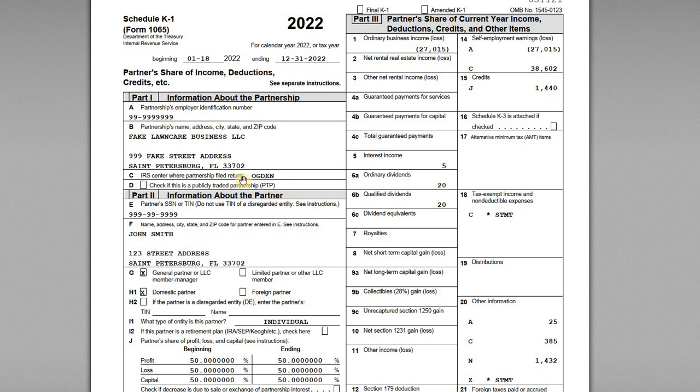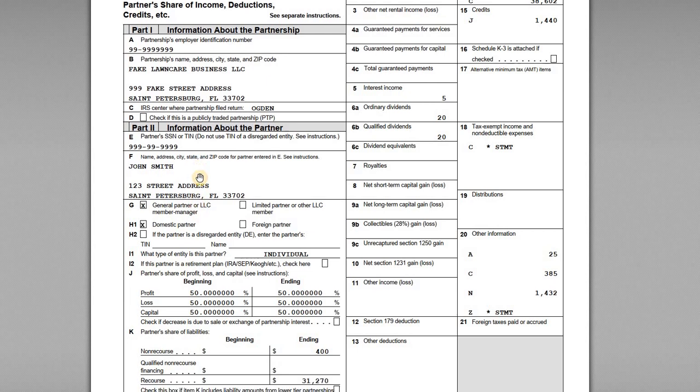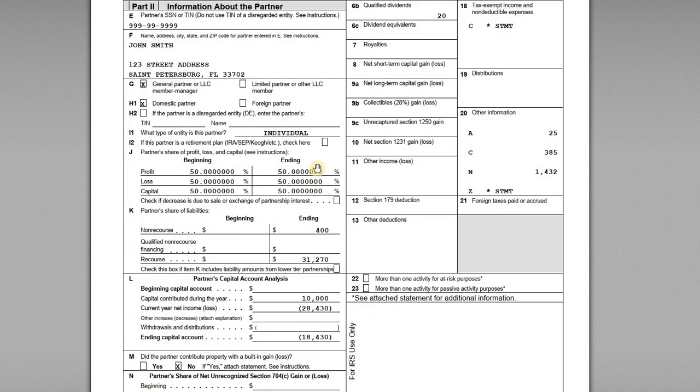So some basic stuff on John: the K-1 has the partnership EIN, name and address, and then his information in Part 2, his Social Security number, name and address. He's an LLC member manager. He's a domestic partner. That's all fine. Beginning and ending ownership percentages, just 50%. His entity type is individual. So all this looks good.